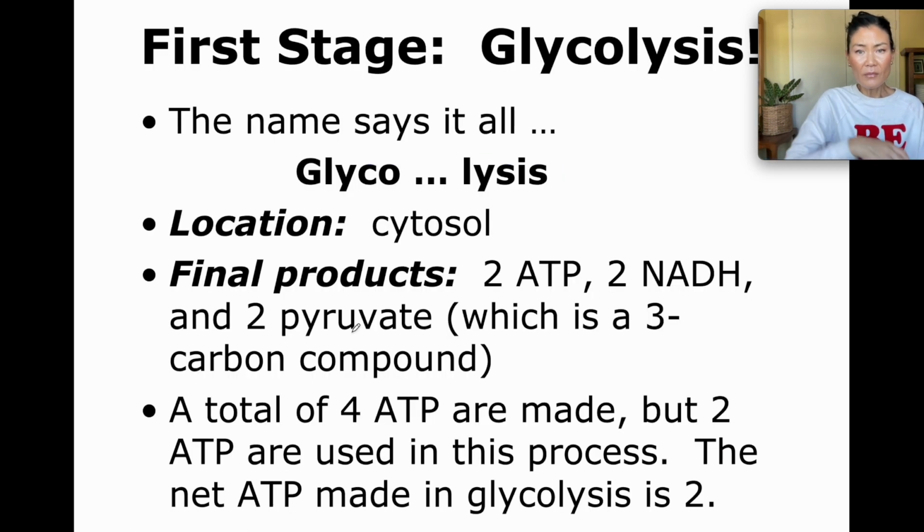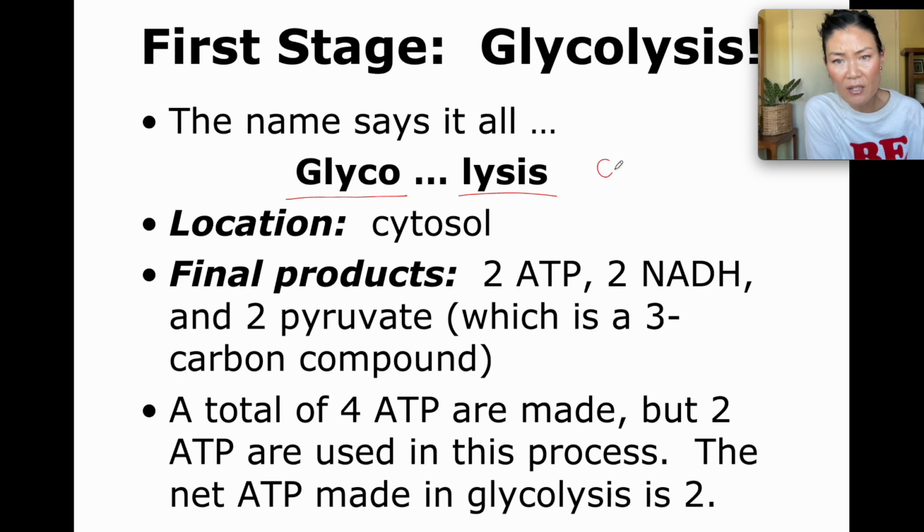All right. So let's talk about glycolysis, and the name kind of says it all. Glycolysis, glyco is referring to glucose, lysis means break, okay? And this is all taking place in the cytosol. You guys, basically what's happening here is I'm just going to simplify what glycolysis is in a diagram, and it's a lot more complicated than this, okay?